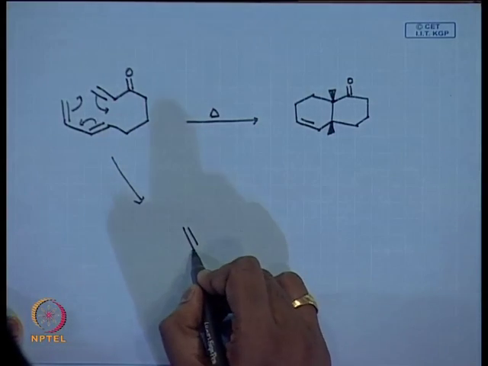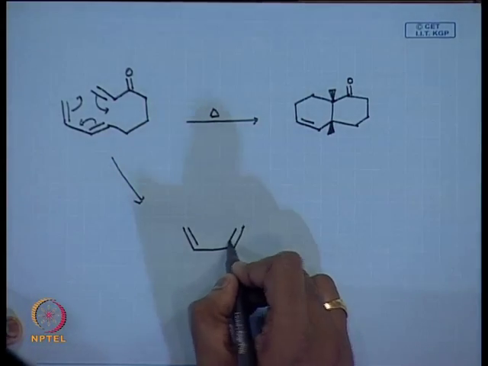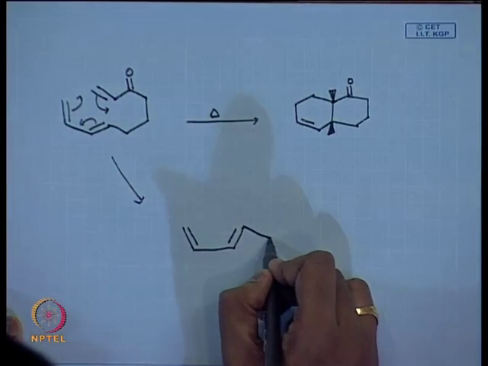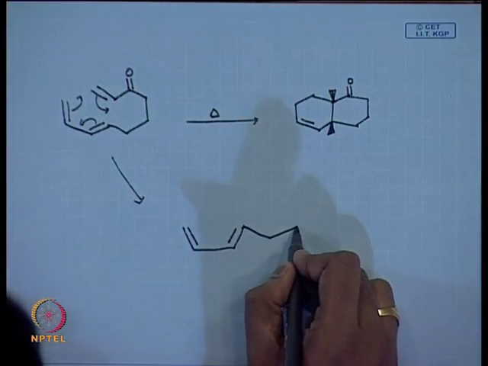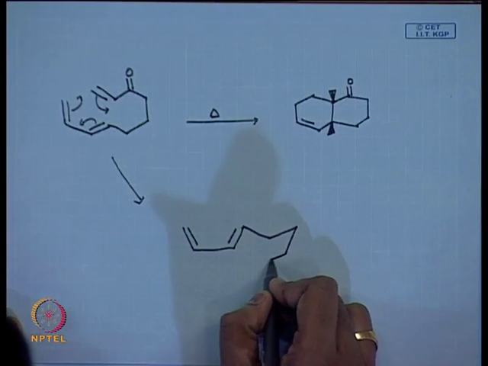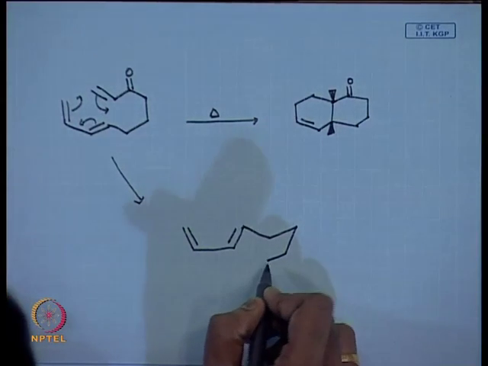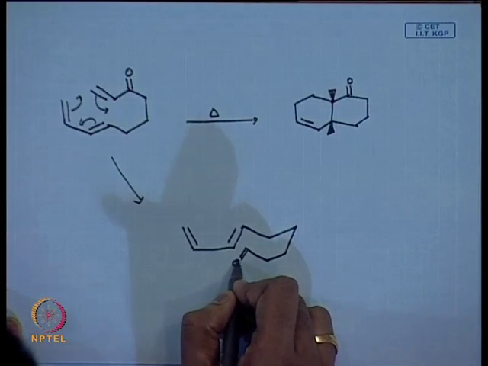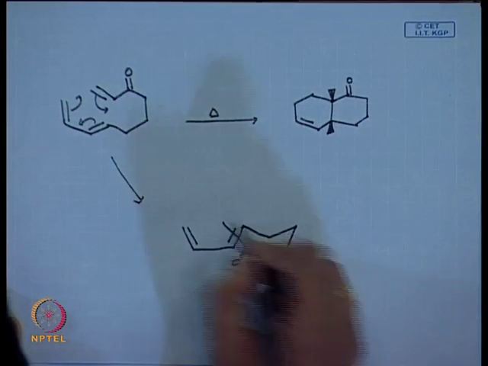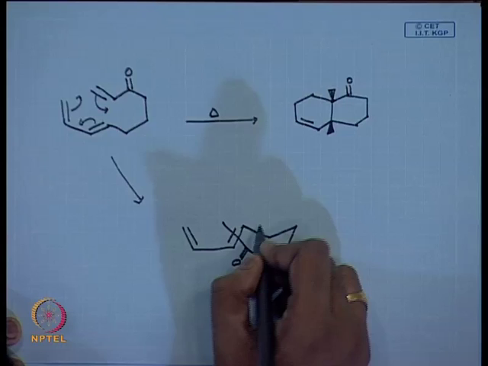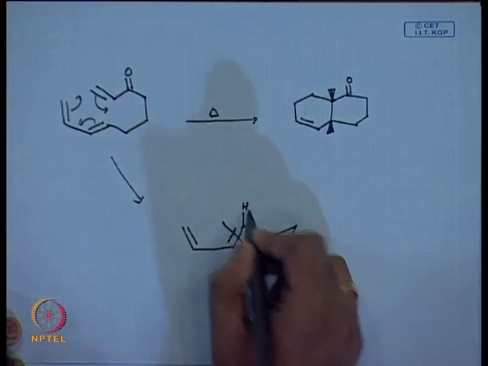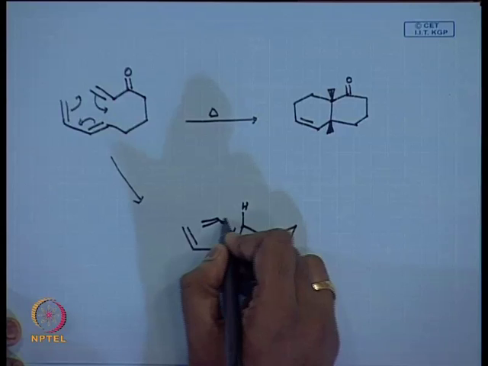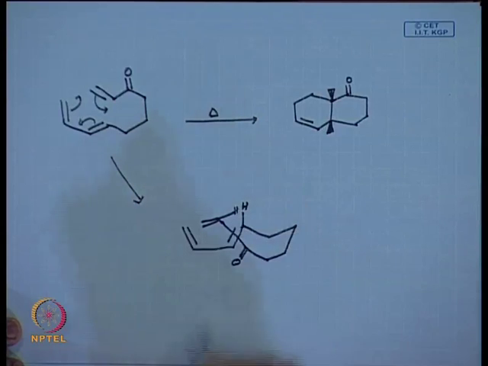So, again if I think to draw the system, but much in this case in a boat-like form. So, this is the hydrogen I was talking about in the earlier case. This is my alkene, okay, and this is my hydrogen.